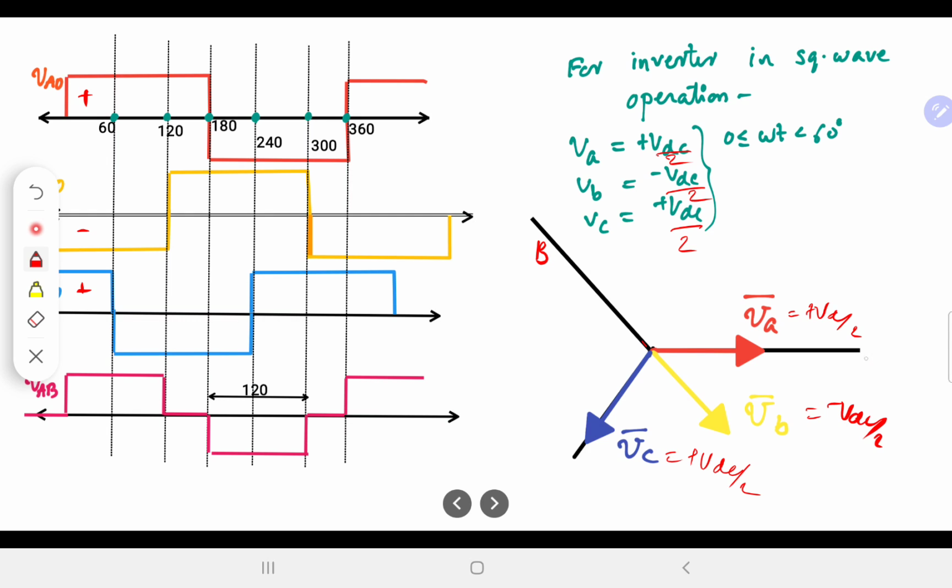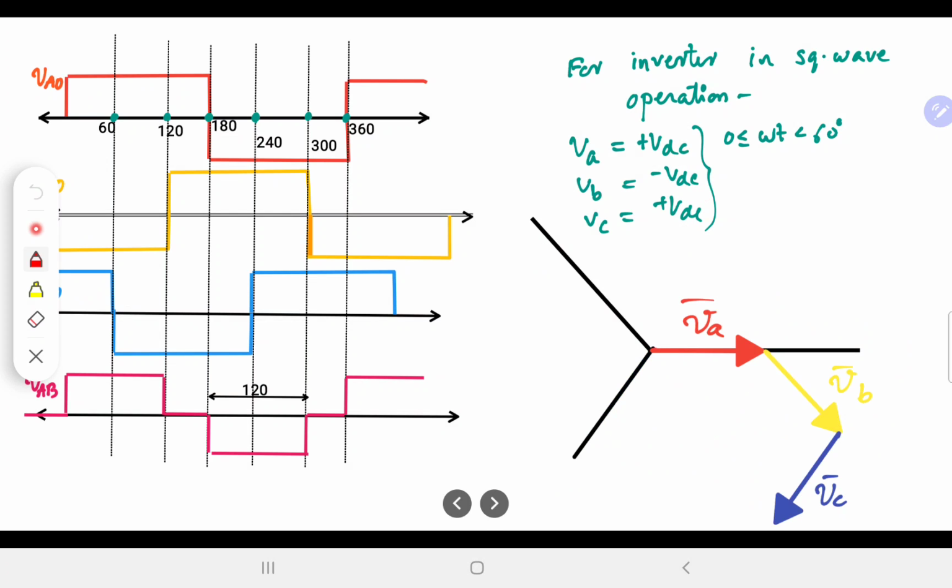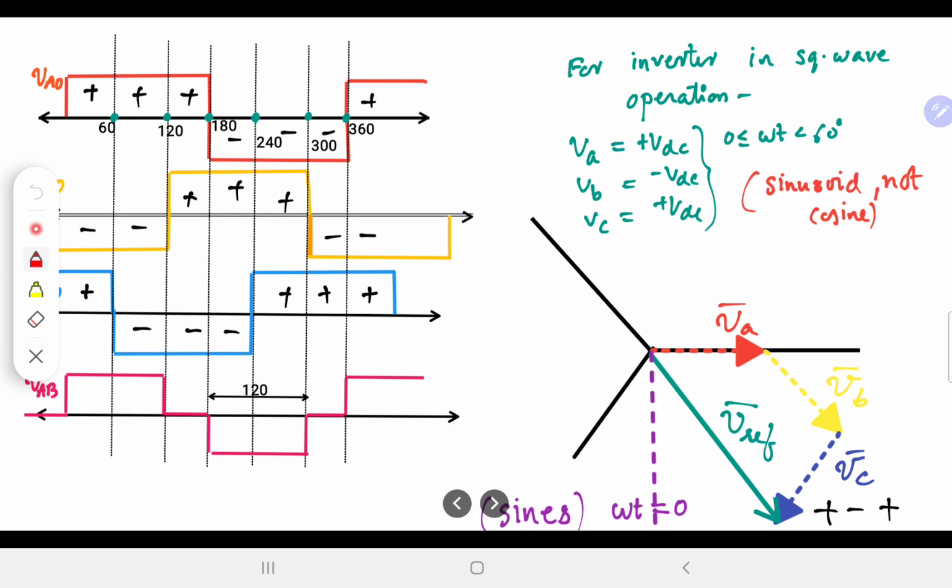This is B axis, A, B and C. You note that it is 120 degree shifted and in a counterclockwise sequence. Okay. So VA, VB, VC we get. And now we'll take the sum of these three which will give me a single vector, which is Vref.